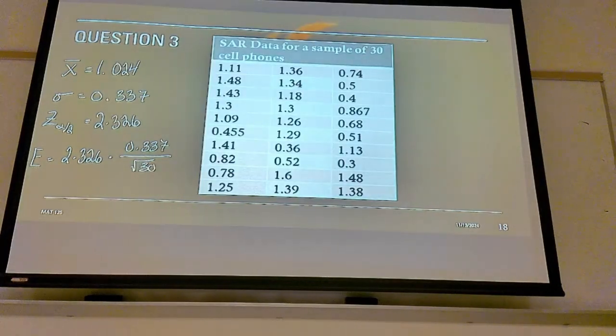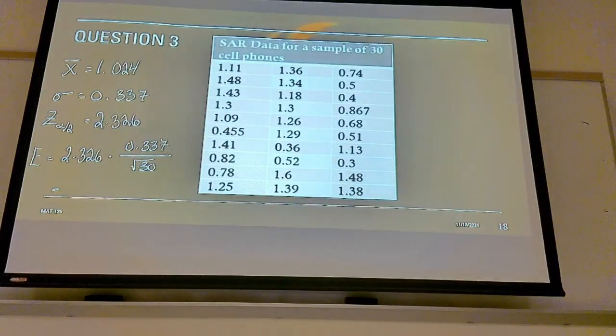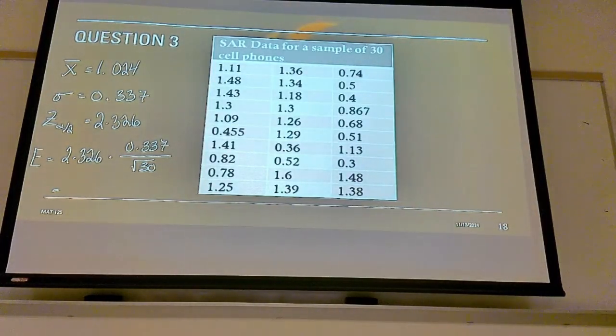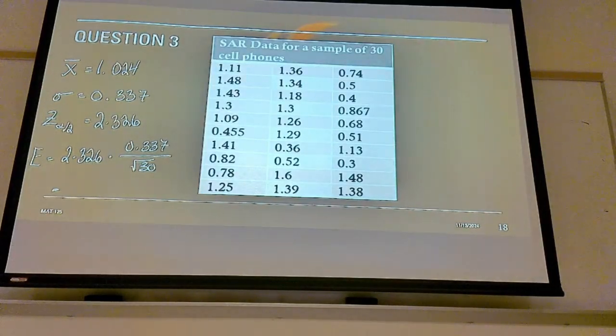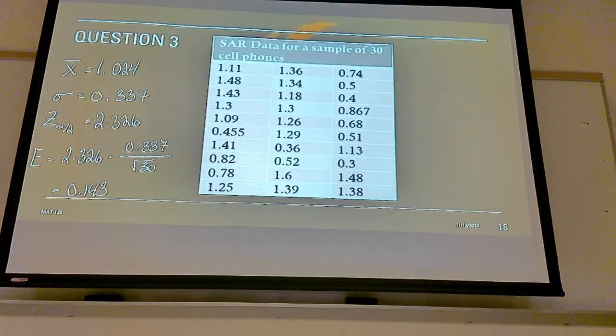Margin of error, critical score times sigma divided by square root of n. 0.143. Yeah, 0.143.